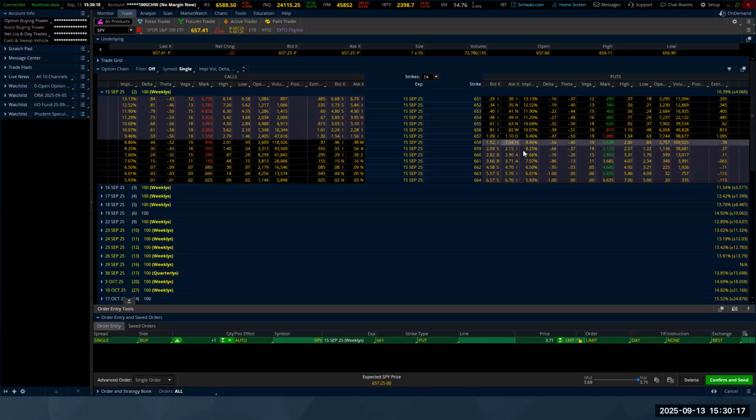And so you can see here, as the underlying moves in your favor, your delta increases. Again, you want to know where your option is going to be trading. Just move up the same number of strikes that you're expecting the underlying to move. And if it's going against you, you can see the delta is getting smaller, and the worse it gets, the less and less you're losing because the delta is shrinking.